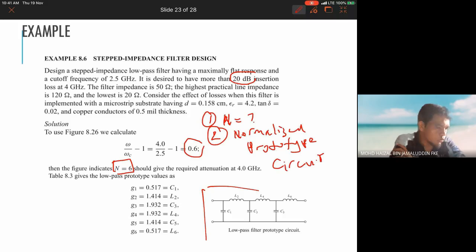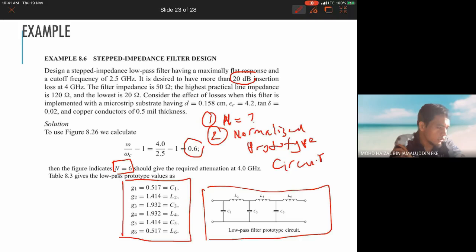In this case, you use the capacitor first, followed by the inductor for this low pass filter. And you just take the values from the table. You can calculate them, or you can take them directly from the table. So here you determine G1 until G6, which is equivalent to C1.